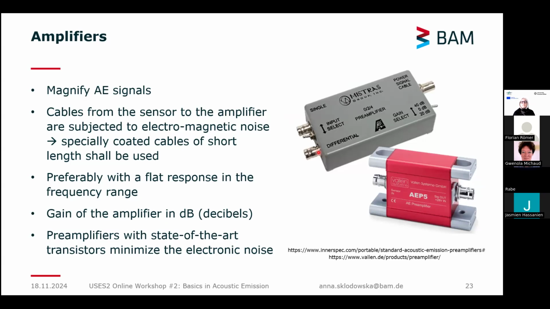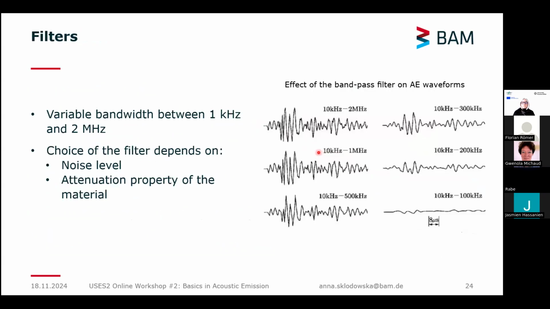Amplifiers preferably have a flat response in the frequency range, so they don't change the recorded signal much. They have gain in decibels, and they should contain state-of-the-art transistors that minimize the electric noise. This is an important part, but not much more to say here.